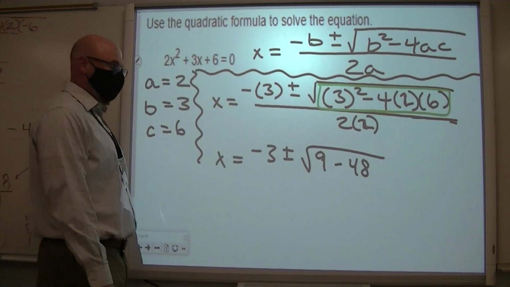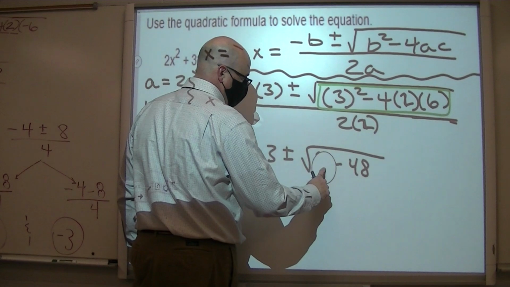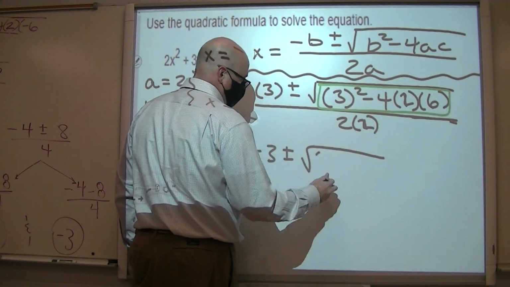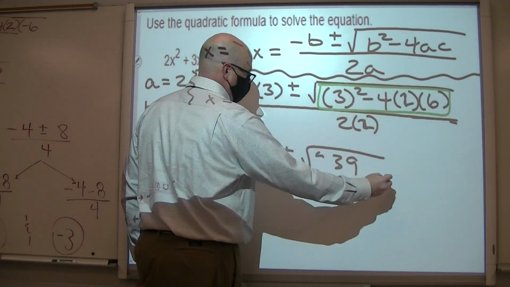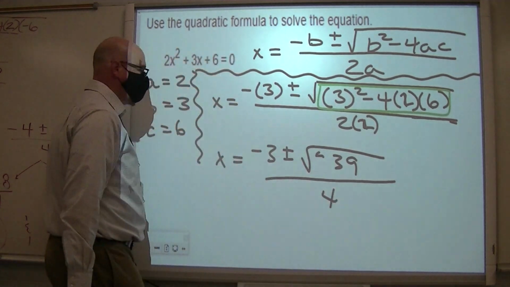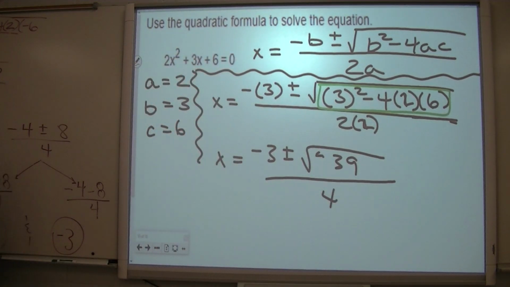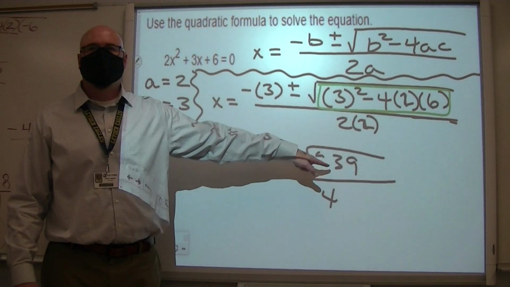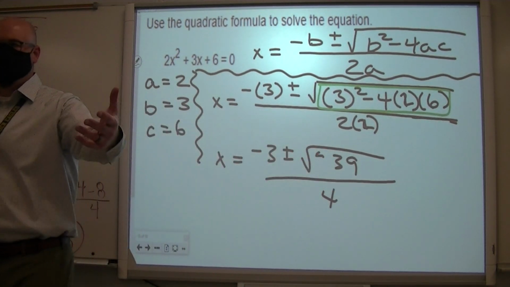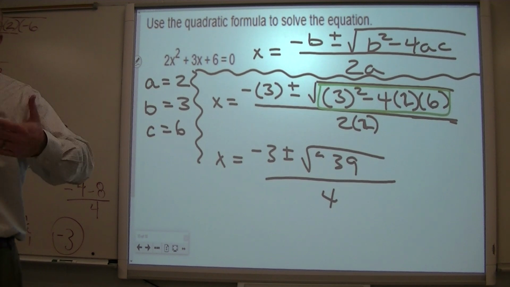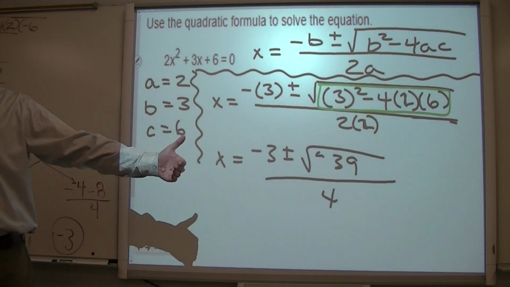And 9 minus 48 is -39. Uh-oh. Again, a negative under a radical. That's why this has an undefined value in the real number system.